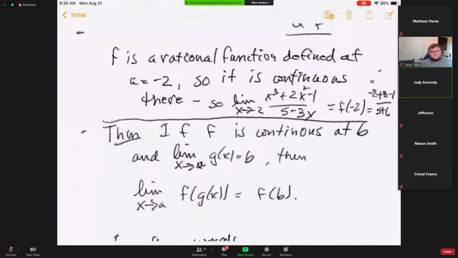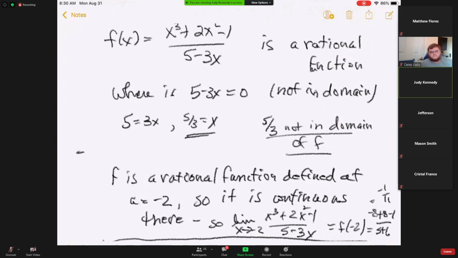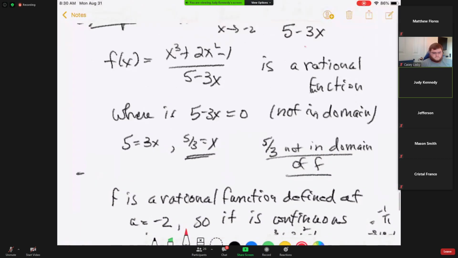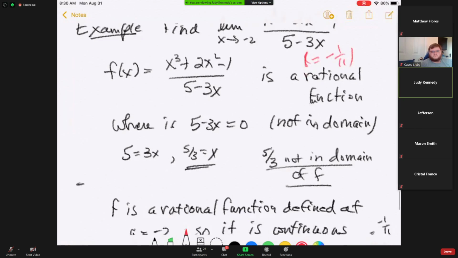And that's equal to minus 1 over 11. Yeah, so it's equal to minus 1 over 11, because you can just plug in there.